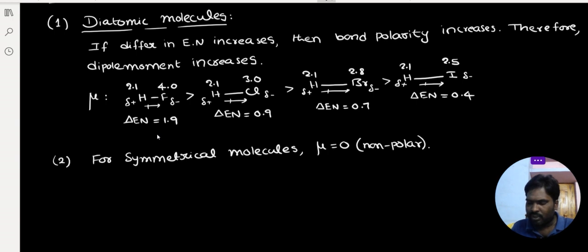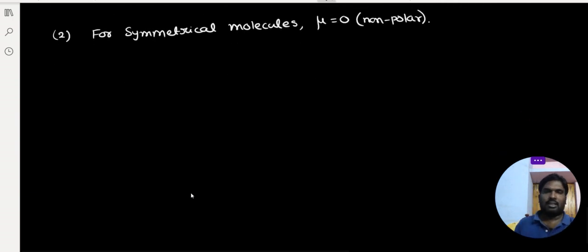Finally, the total molecule becomes non-polar. Clear? Even though polar bonds are present in a molecule, if the resulting dipole moment is 0, then it is simply known as non-polar.